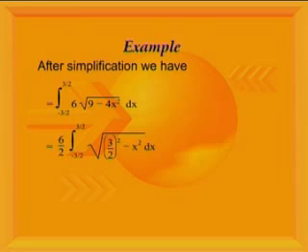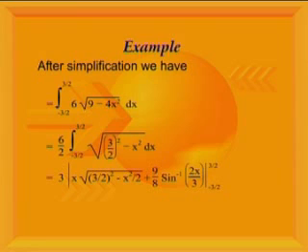And the integration, as we apply the formula, is equal to 3 into bracket x into square root of 3 by 2 square minus x square whole divided by 2 plus 9 over 8 sine inverse of 2x over 3 between the limit x equal to minus 3 by 2 to x equal to 3 by 2.